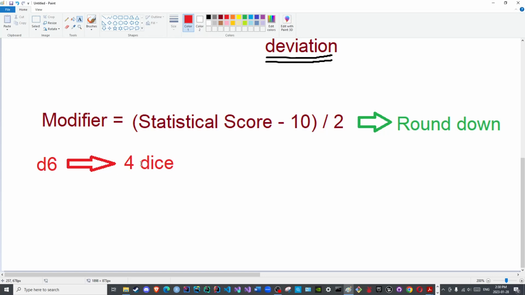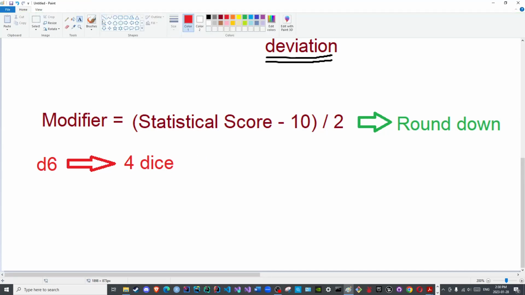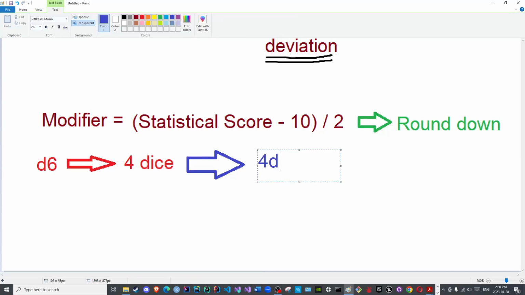The notation for indicating the number of dice and the sides of each die is written as follows. Let us use this color. So this would be written as 4d6. A die with 6 sides and 4 of them are rolled. If you are rolling only 1, it will be 1d6, and so on and so forth.